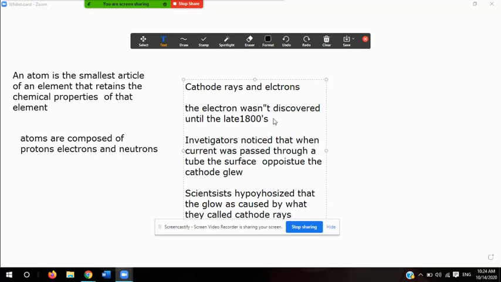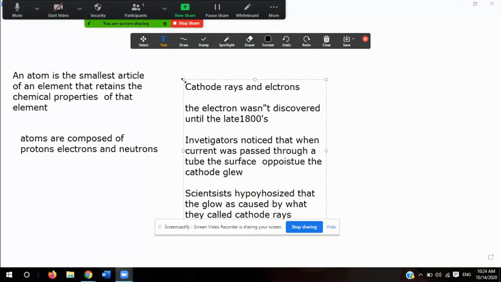So it traveled from a negative to a positive side, right? Although they didn't know that that was a positive side at that point. The experiments revealed the following observations.